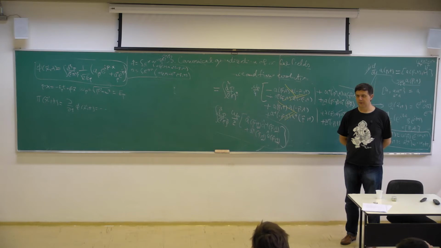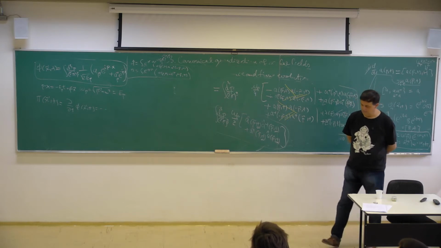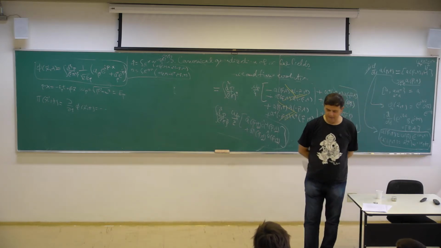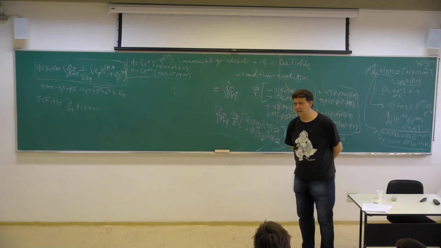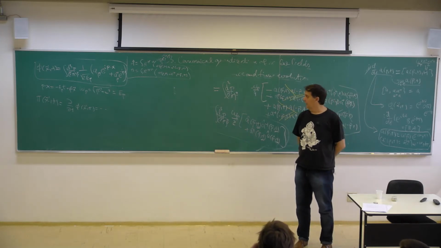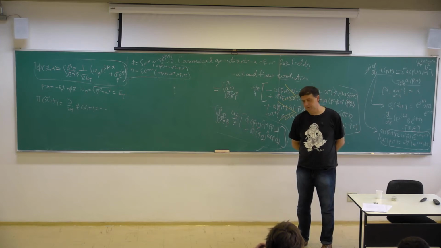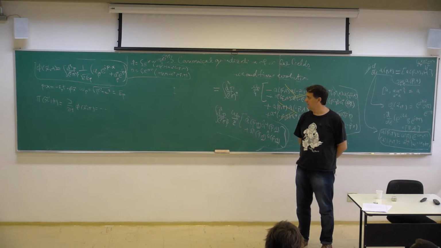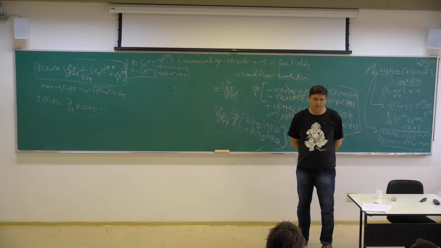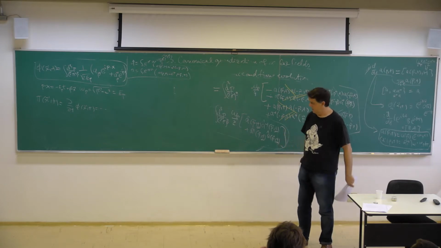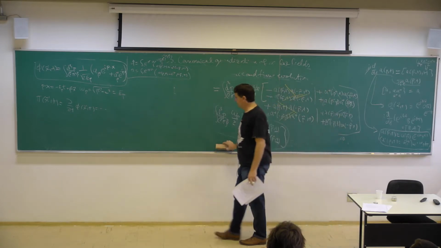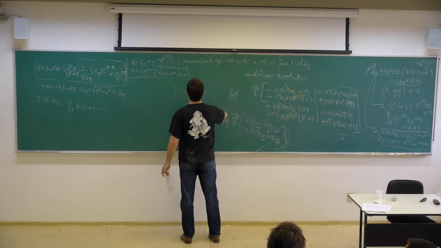Remember that harmonic oscillators have a Fock space, an occupation number space, and correspondingly the free scalar field, which is just a collection of harmonic oscillators, will also have a Fock space. But to do that more rigorously, we need to discretize the field in order to have a well-defined number of states.